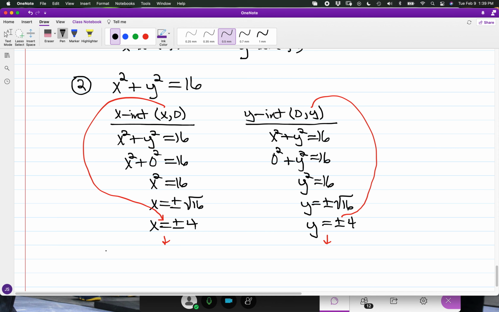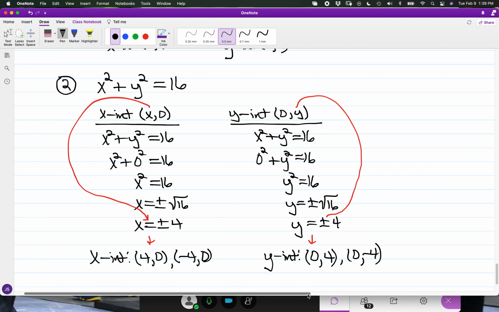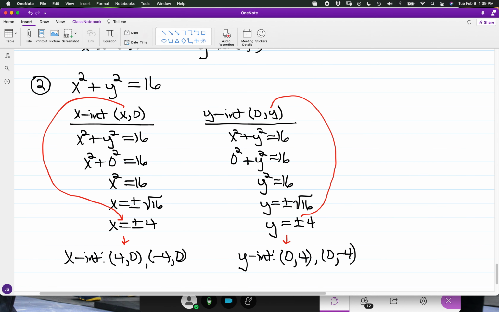It's going to turn out that for the x-intercepts, we have 4, 0 and negative 4, 0. And for the y-intercepts, the x-coordinate is 0, so here we have 0, 4 and also 0, negative 4.